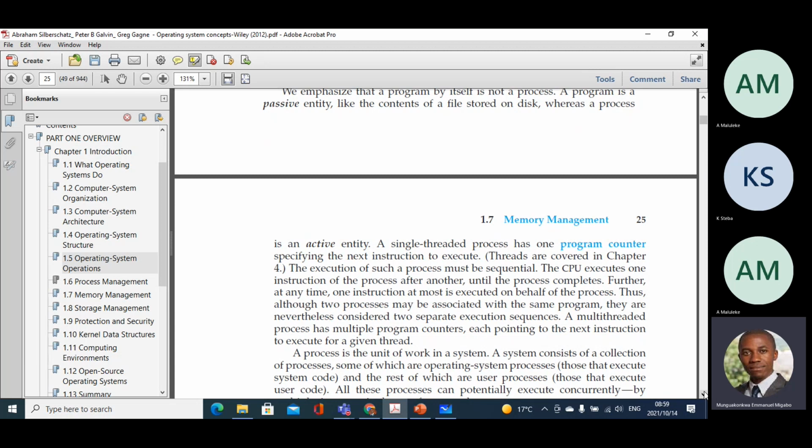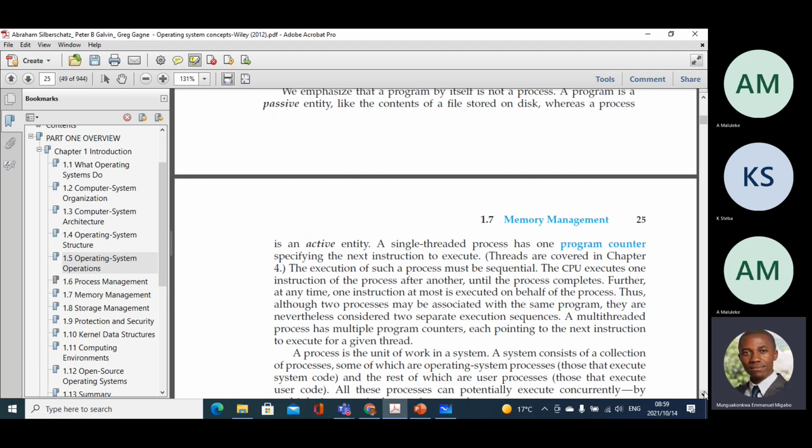But in a process, it's one piece of a program at a time. Two cannot be executed at the same time. But in a threaded system, pieces of the same program can be executed at the same time as long as there's more than one program counter that keeps track of where we are in the execution.